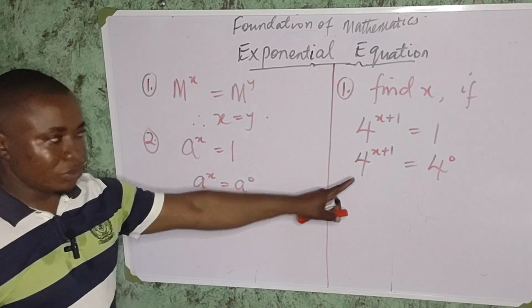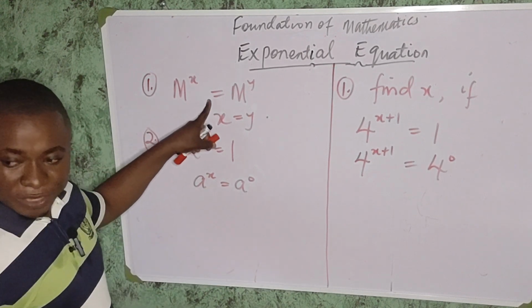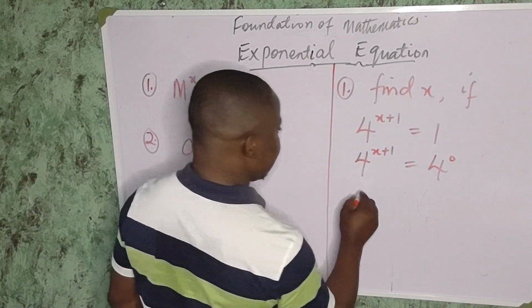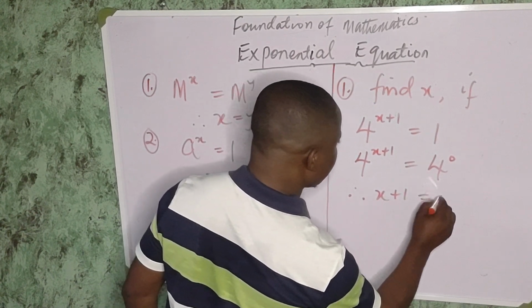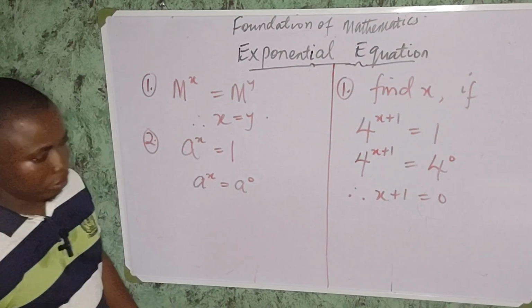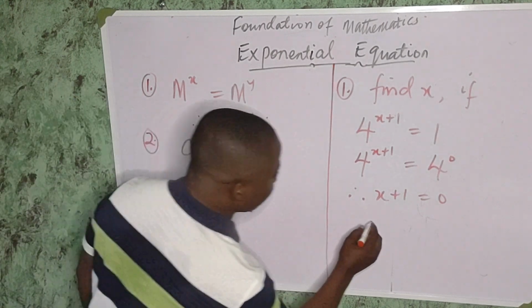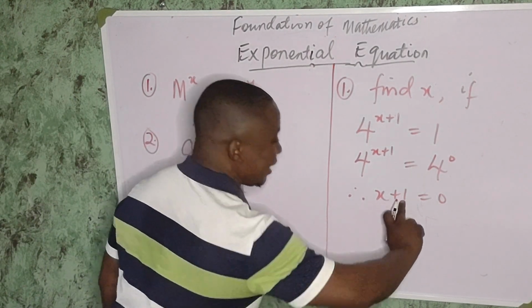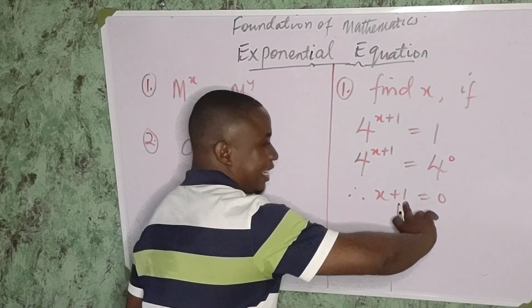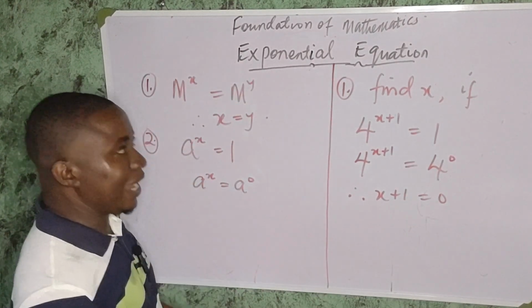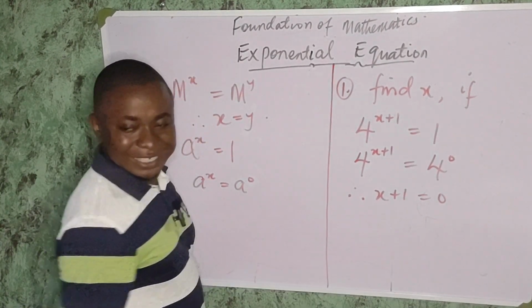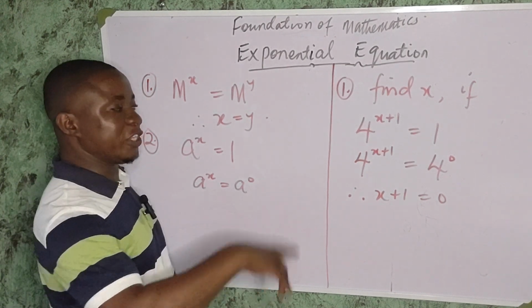Once you get to that point, you apply the first law. That means, therefore, x plus 1 equals to 0. So from here, to look for the value of x, we simply collect like terms by taking the constant to this side of the equation. Remember, once any number crosses the sign of equality, the sign changes. If it was minus, it becomes plus.